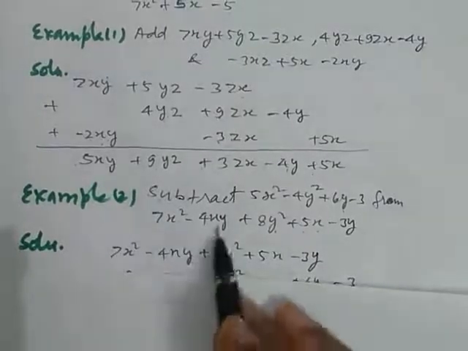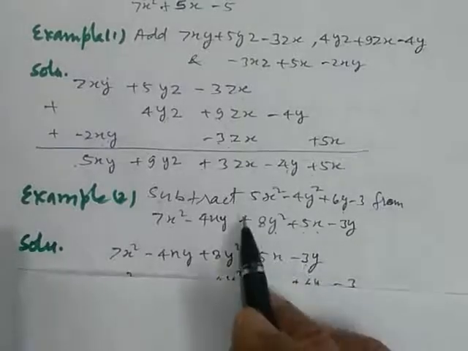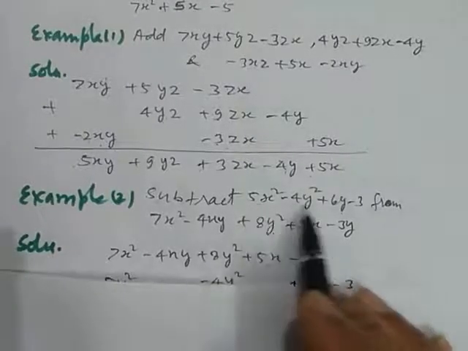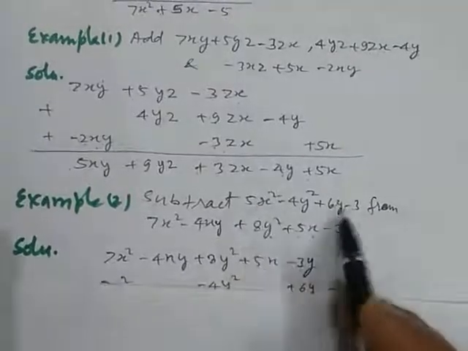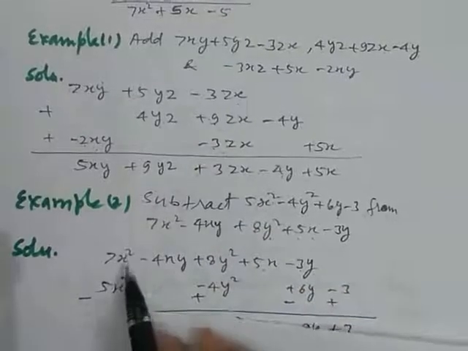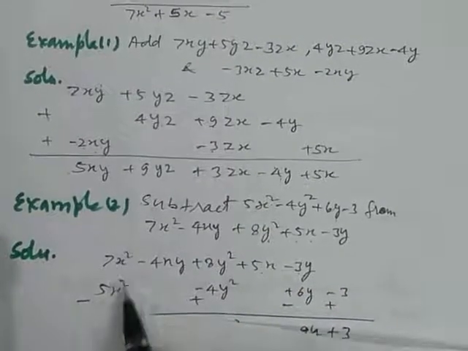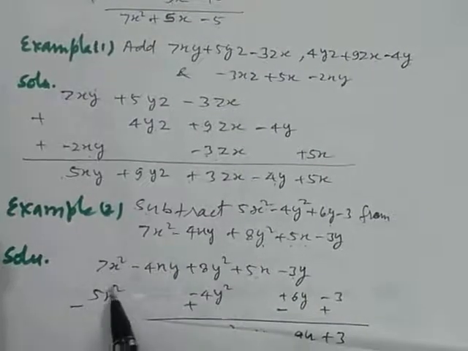7x square minus 4xy plus 8y square plus 5x minus 3y. Now, place this expression below this according to like terms. Here 5x square, so place it below this because it also contains x square. And this 5x square is positive, so we place it here.